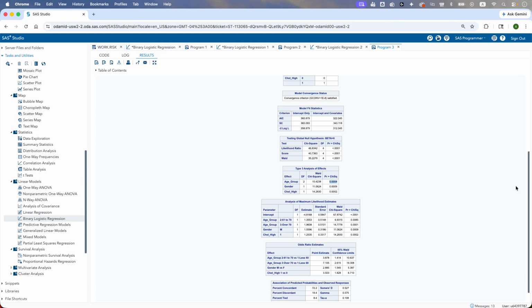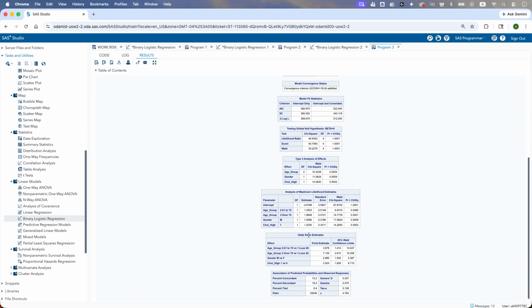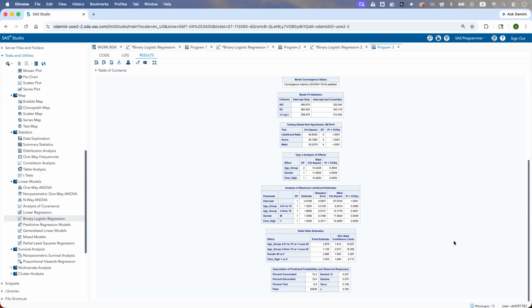Okay? So this is the intercept, and all of them are significant. Age group, this is significant, all of them are significant, okay? And all of these coefficients will appear in the equation. Then the most important part is the odds ratio estimates, okay? And the question is how to interpret these, which is as we did before. For interpreting this, let me just say something about these two things because it's important.